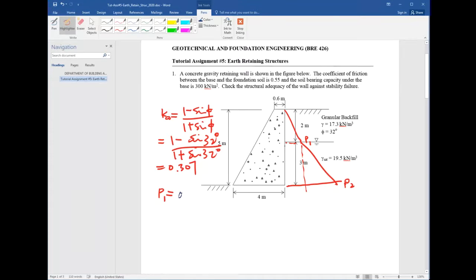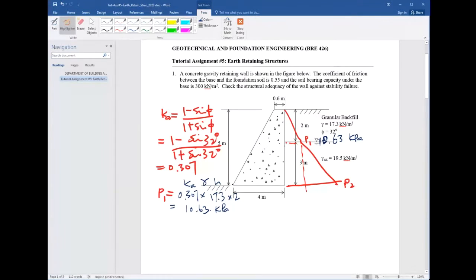So 0.307 times, that's the Ka, gamma H, gamma is equal to 17.3, H is equal to 2, right? So that gives you P1, 10.63 kPa, right? So it's 10.63 kPa.